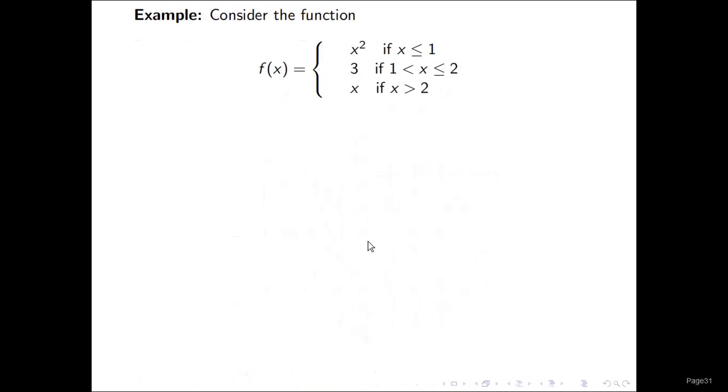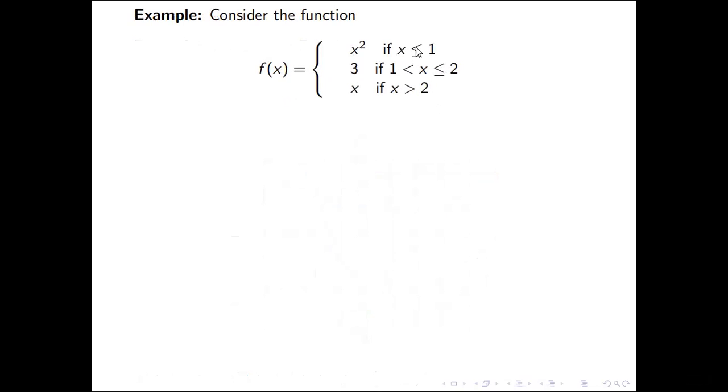Next, consider this function here. It's a piecewise defined function again. So f of x is defined to be x squared if the x value is less than or equal to 1. It's defined to be equal to 3 if the x value is greater than 1, less than or equal to 2, and equal to x if x is greater than 2.